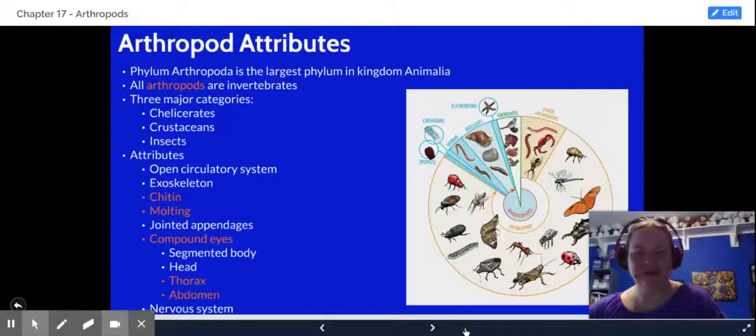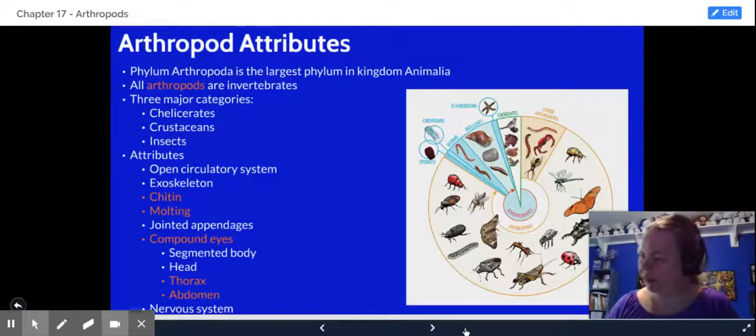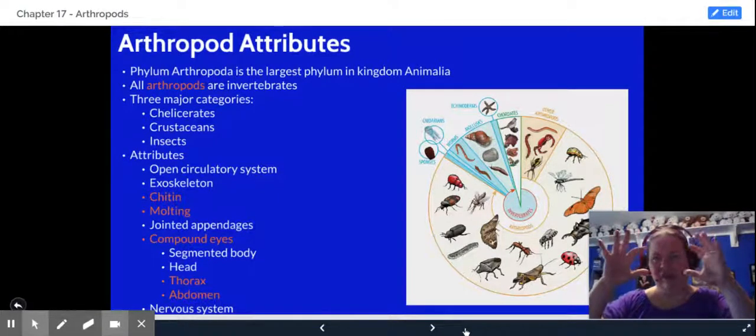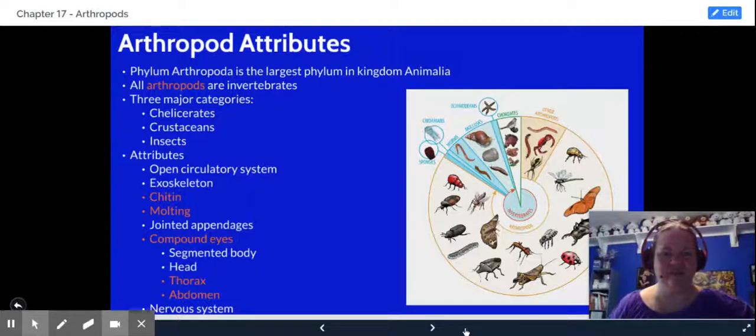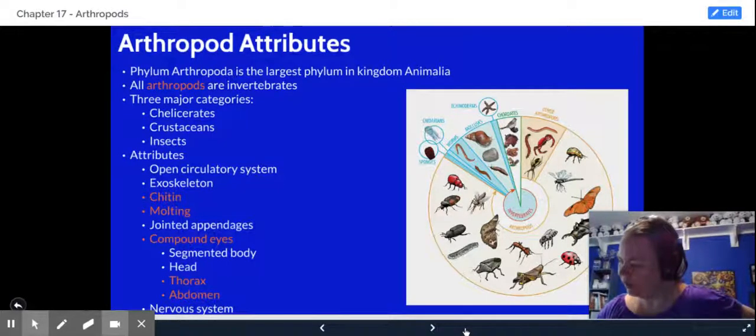They have compound eyes, so these are eyes with tons of lenses on them. If you've ever seen a dragonfly or a housefly, you'll see that they have really huge eyes, composed of thousands of little lenses that can pretty much see a different image. They have a segmented body composed of a head, a thorax, and an abdomen.